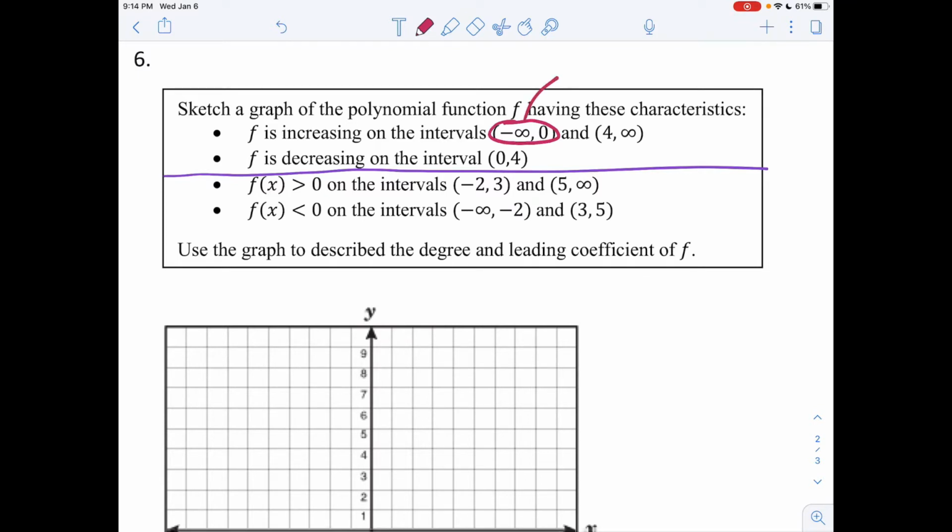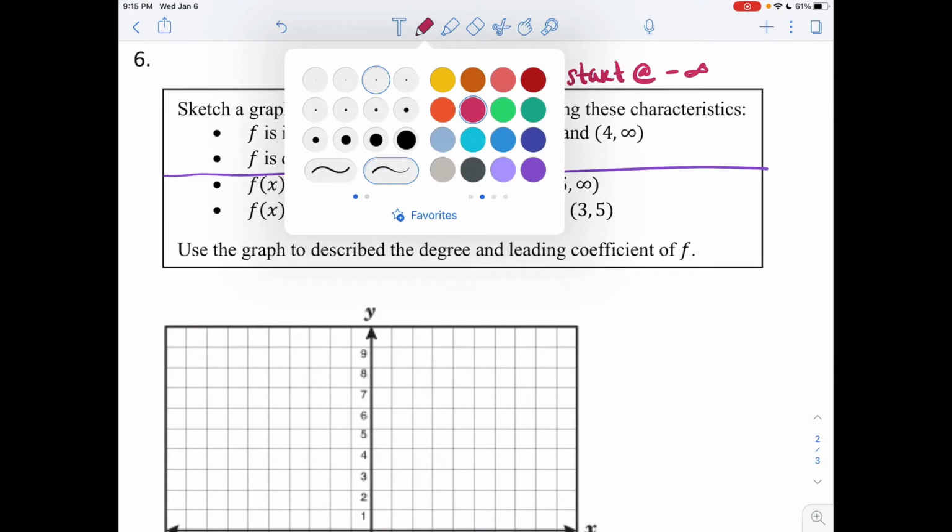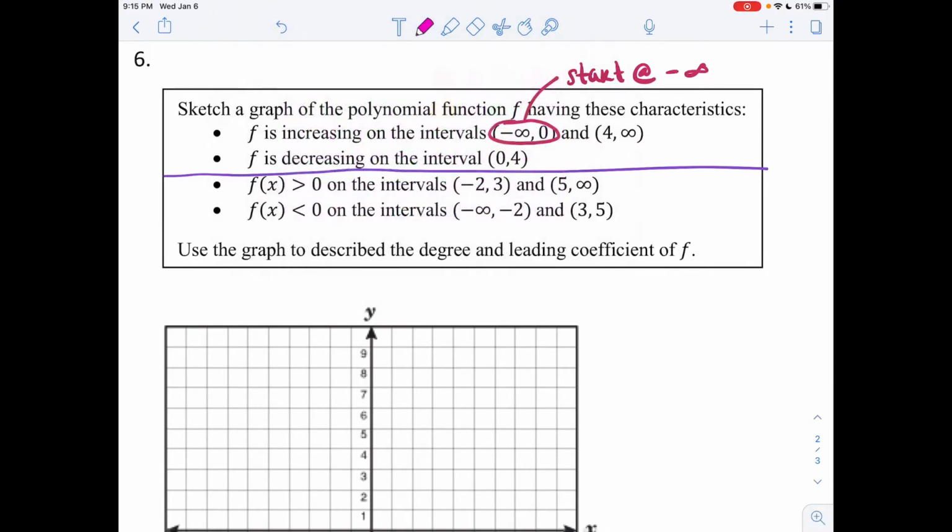So again, we're going to start at negative infinity, all the way over on the left. And it says that our graph is going to be increasing from negative infinity all the way until we get to 0. So just to get started, we're going to do a dashed line basically at all of these places that we have some sort of a change.